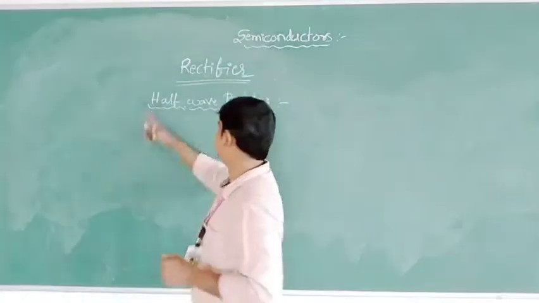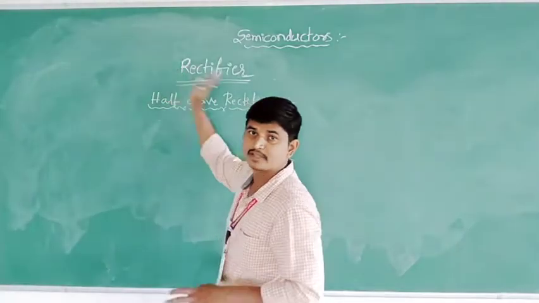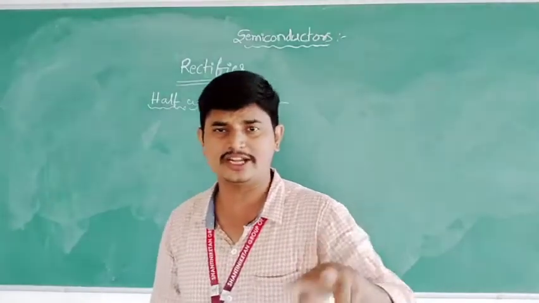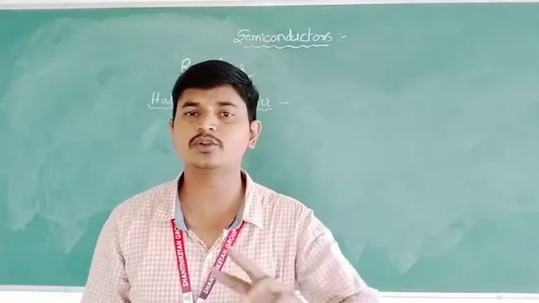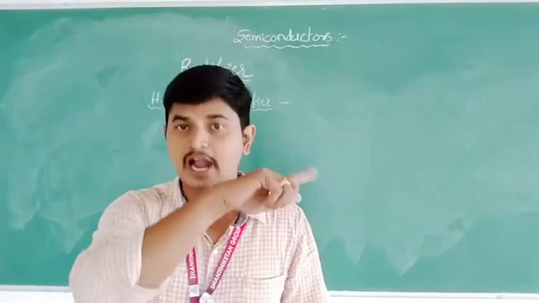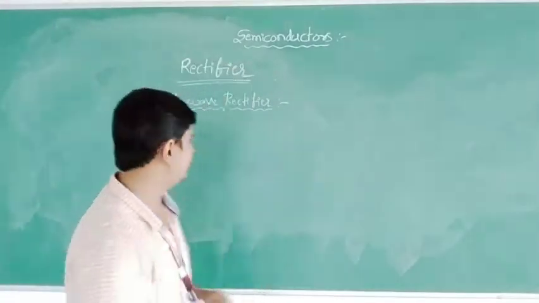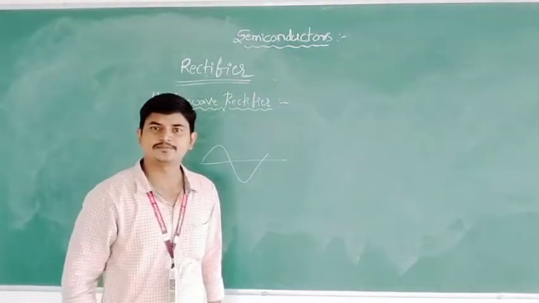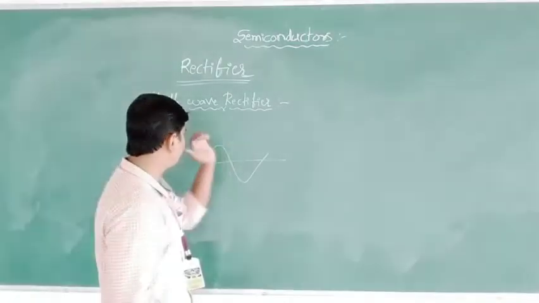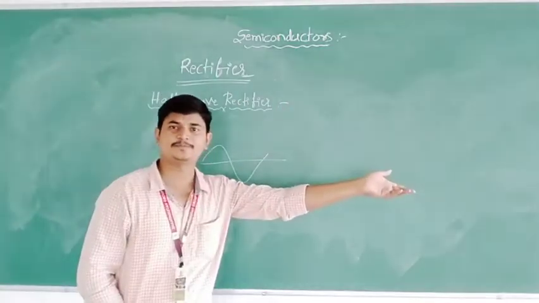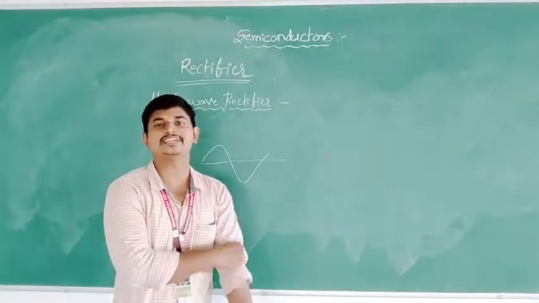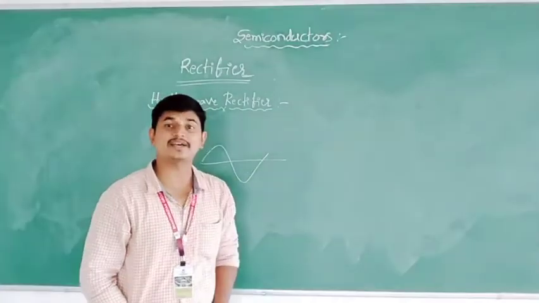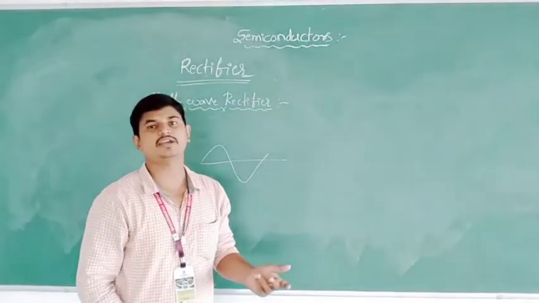The next concept is about the rectifier. I just told the definition, and there are two types: one is the half wave rectifier, another is the full wave rectifier. In the alternating current, we know there is a positive half cycle and a negative half cycle. If only one half cycle comes out as output, that is what we call a half wave rectifier.